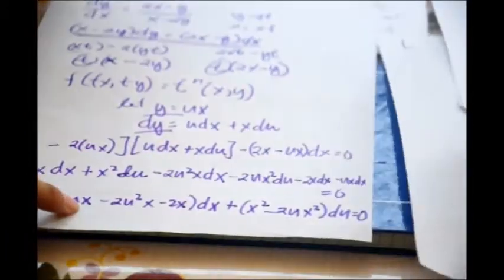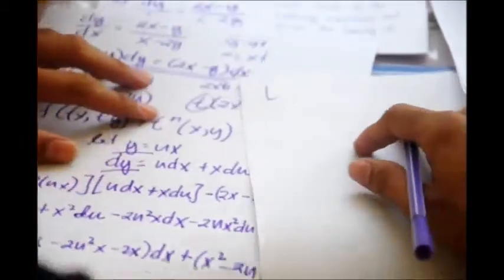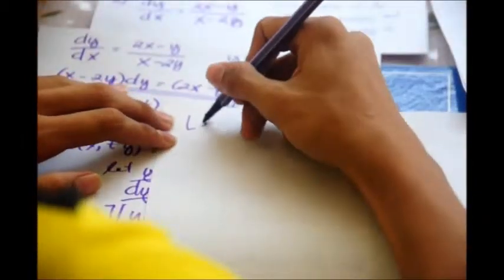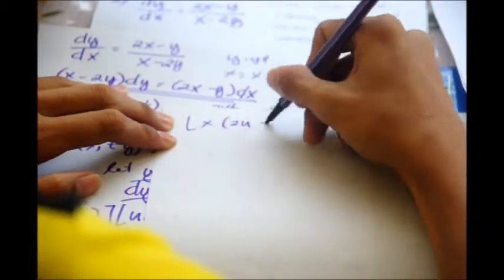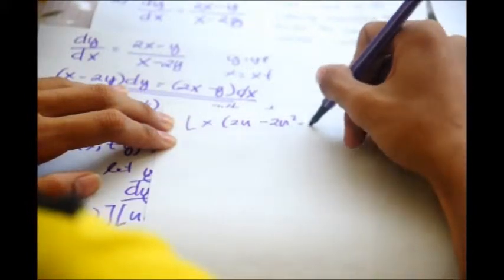Factor out the x, we get x times (2u squared minus u) dx.